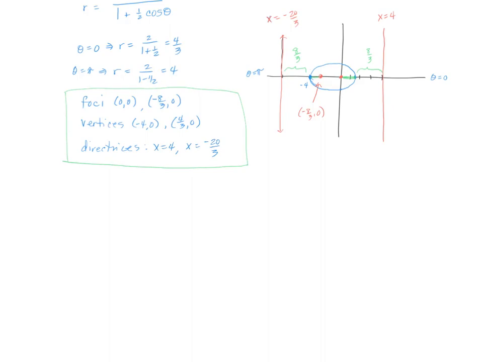So again, it's just like a puzzle. You just have to go back and forth with the information that you know. And remember, we are in polar. So if you're unsure, just put in different theta values. And then you'll get an r value, which would be a point somewhere on your ellipse. So that's it for 12.4.